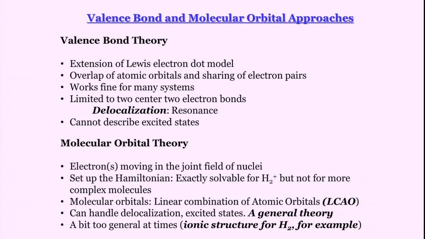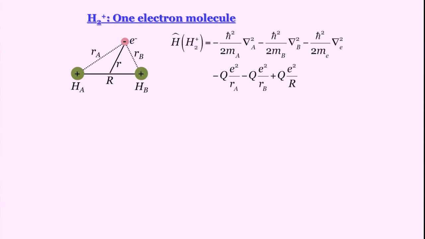To start with, let us write the Hamiltonian for H2 plus, the 1 electron molecule of ours. This is sort of an extension of the hydrogen atom. Like the hydrogen atom, this also has only 1 electron. The only additional thing here is that it has a second nucleus. So, we can write the Hamiltonian without much hassle.